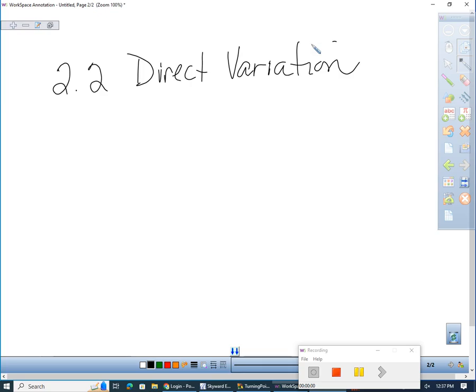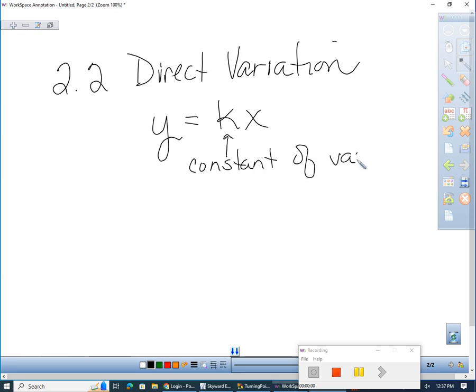Direct variation is always in the form y equals kx, where k is our constant of variation. And to find our constant of variation is always k equals y divided by x.